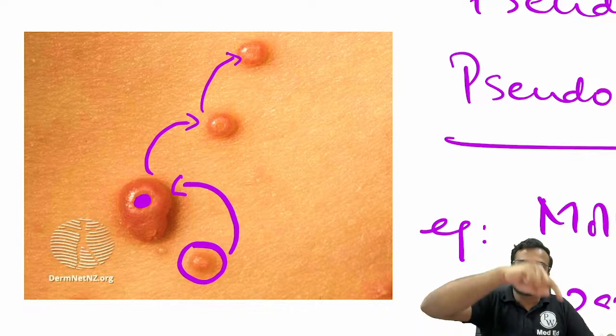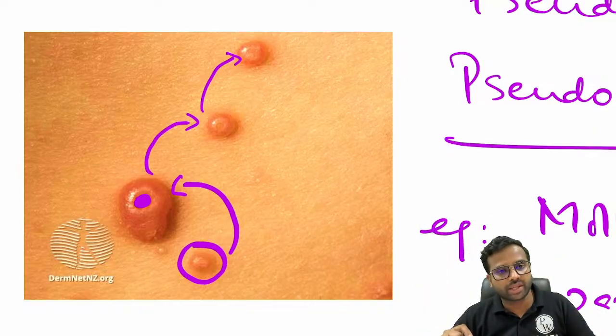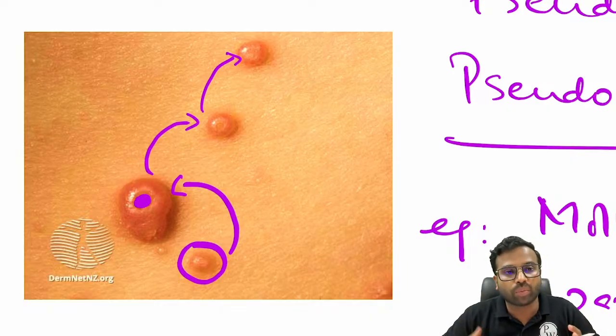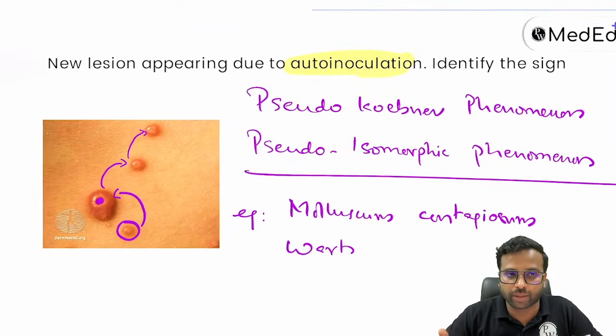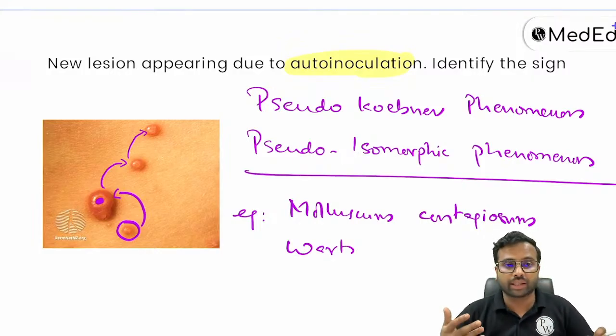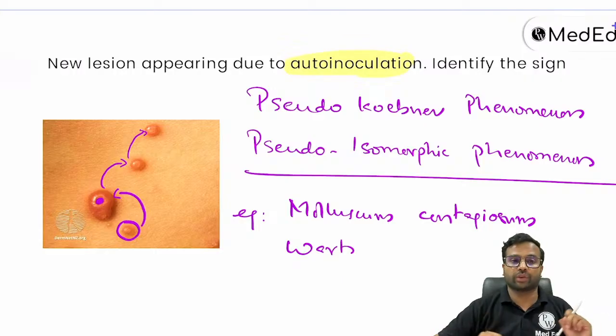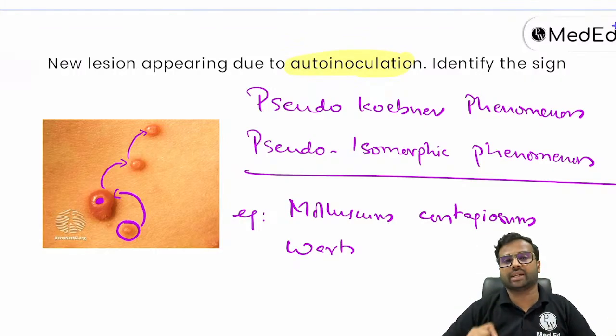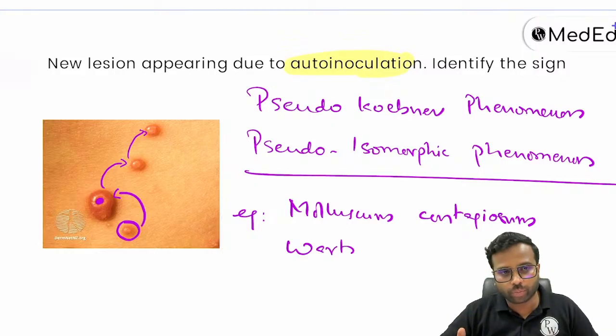So one lesion followed by the other can be seen, and this is called as auto-inoculation of the virus, which causes many more new skin lesions to develop. And this usually happens in viral infections. That is why there is an auto-inoculation of the virus. So please remember, the name of this sign is pseudo 𝐒𝐿 phenomenon or a pseudo isomorphic phenomenon.